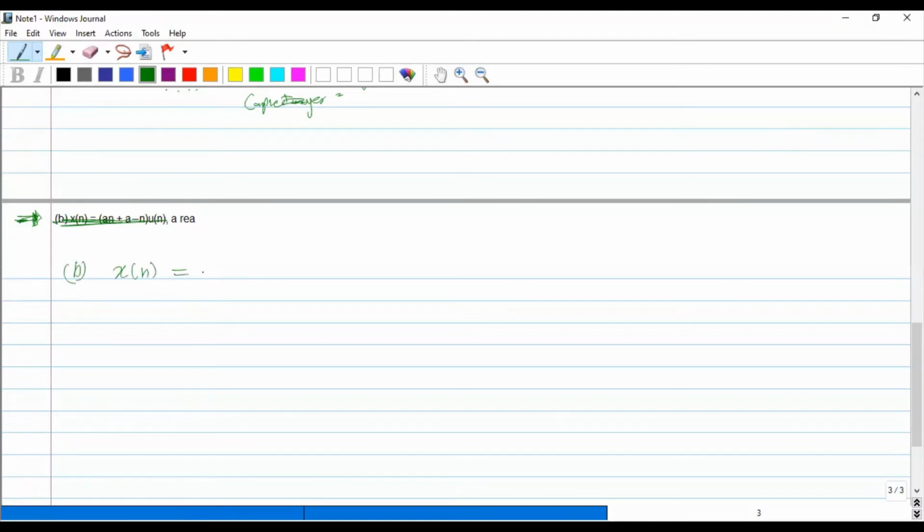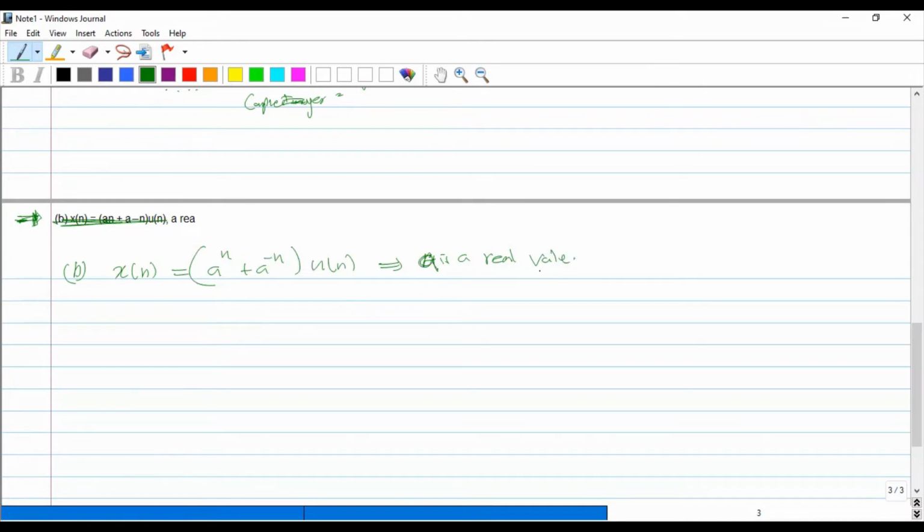x[n] is equal to a^n plus a^(-n) times u[n]. It is said that a is a real value.